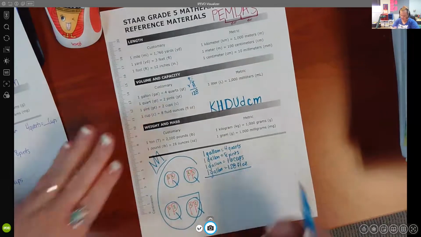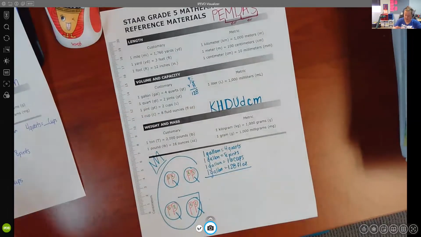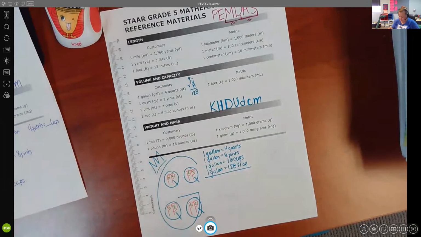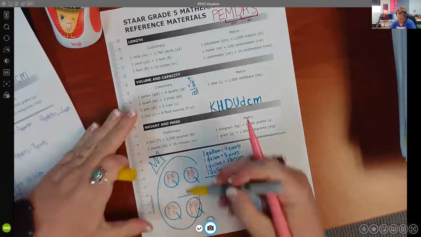So then I can further go to my, look at my quarts.